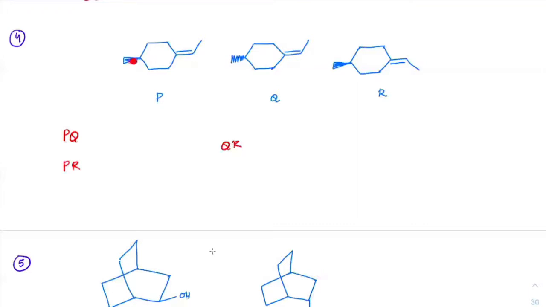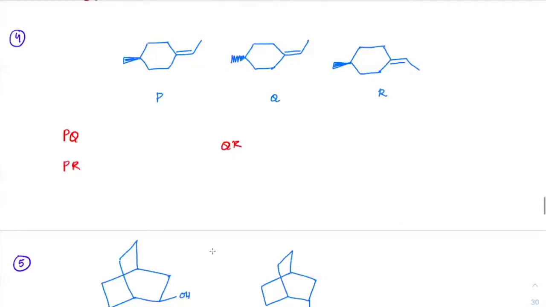Now with respect to this chiral center, is there any change in terms of distance from here to here? Are there two different groups or the same groups? Is it a chiral center or not?